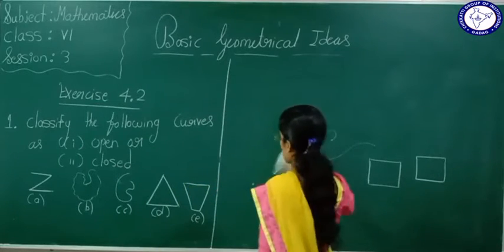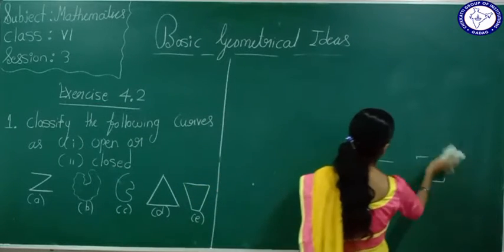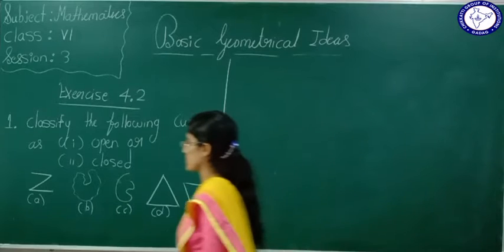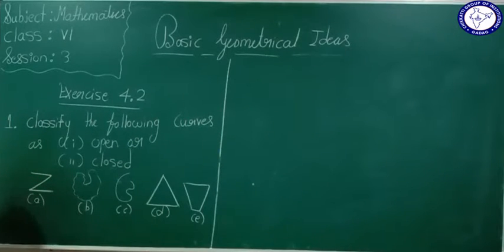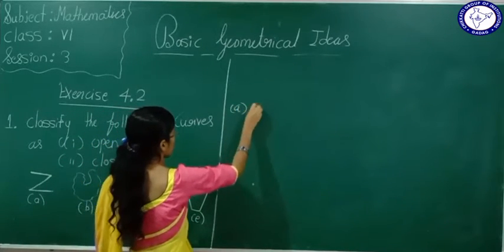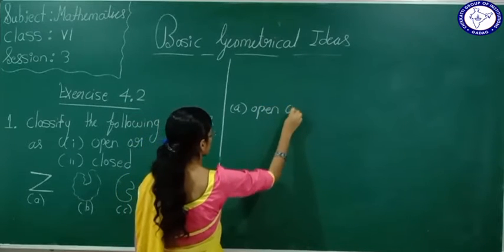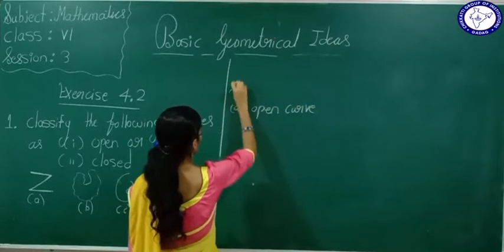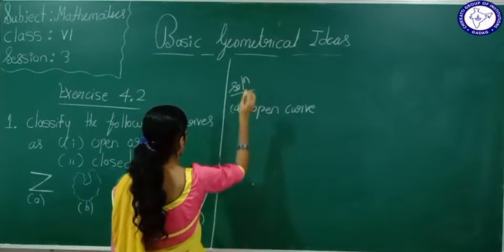Based on that we will tell which are the open curves and which are the closed curves here. Now tell me, is this an open curve or a closed curve? The first one is an open curve because the initial point is here and the ending point is different. Solution: the first one is an open curve.